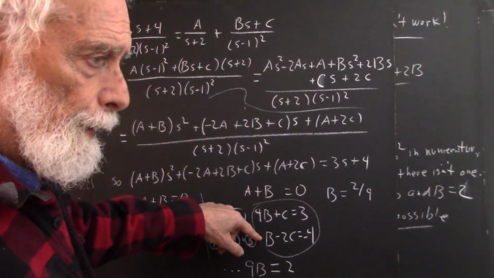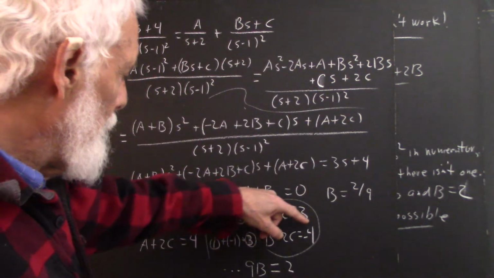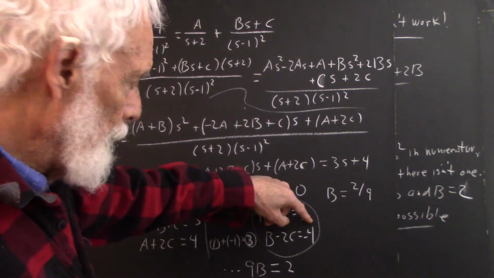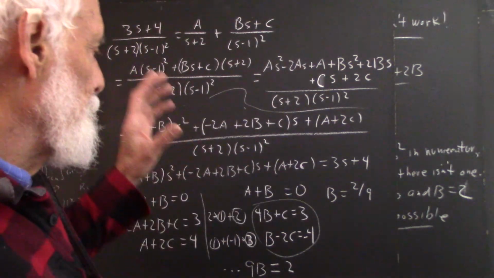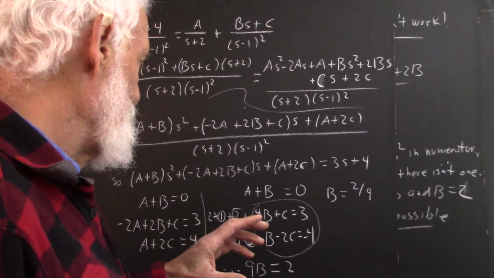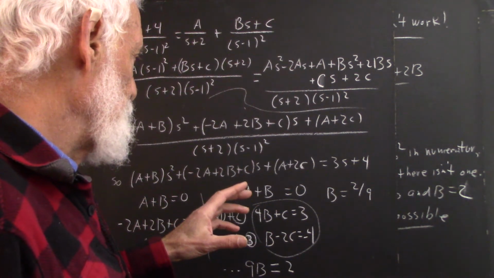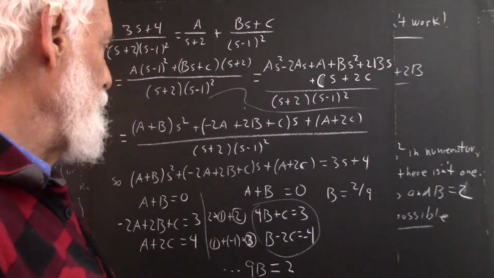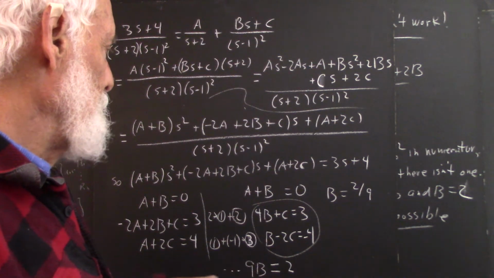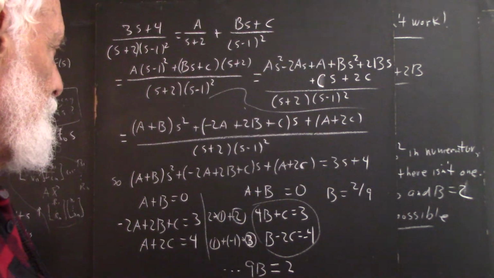Then I'll substitute that in here. So I'll have minus 4 and minus 2/9. 4 is 36/9. So negative 36, negative 2 is negative 38. So I believe c is going to be 19 over 9.